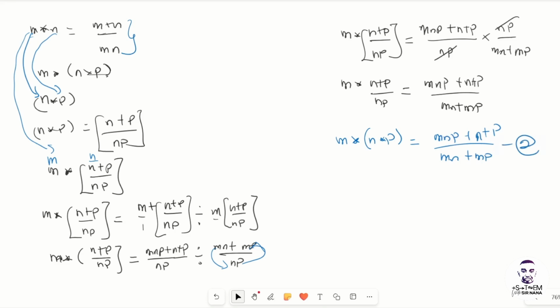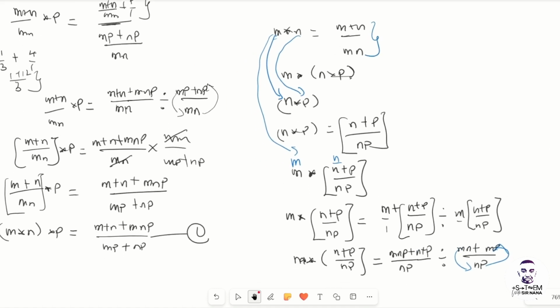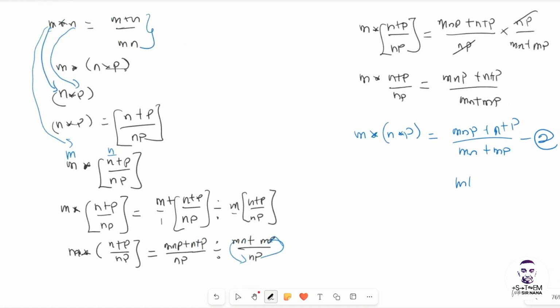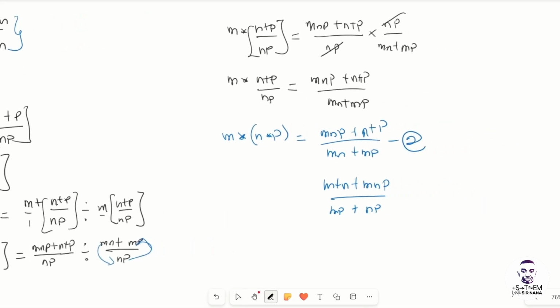So we have to look at equation 1 and compare with equation 2. So let's consider equation 1. So we have m plus n plus mnp all over mp plus np. Right. So it means that m operation n operation p, which is the first part, gives us this.